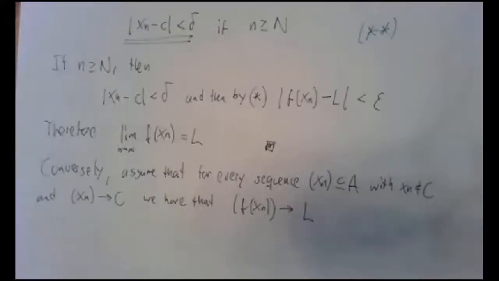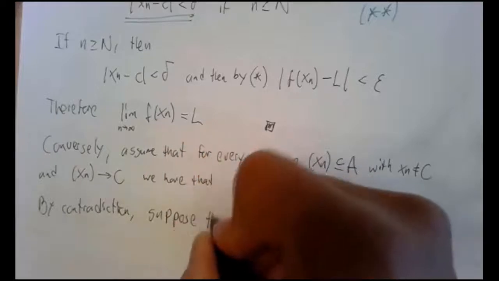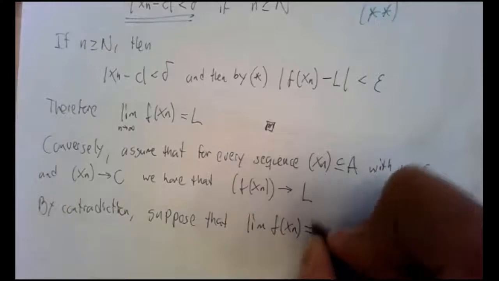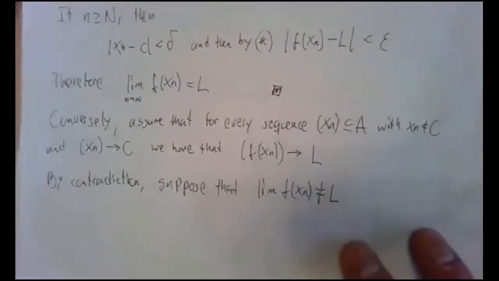So we're going to do it by contradiction. Let's suppose that the limit is not equal to L. What is the meaning of that?